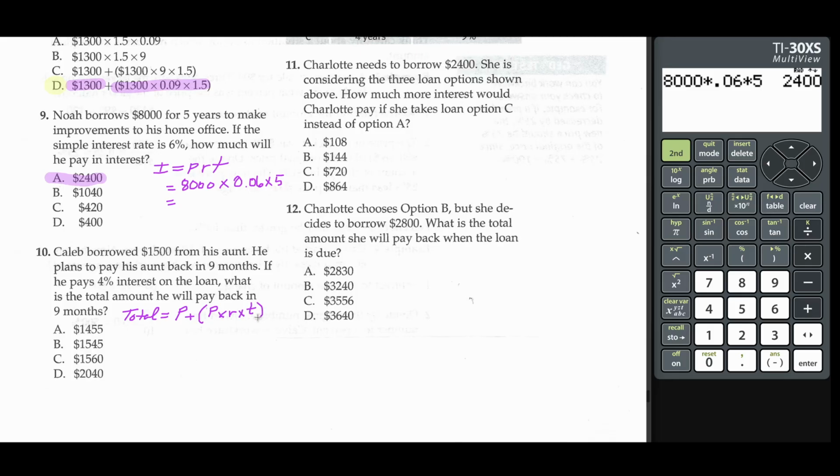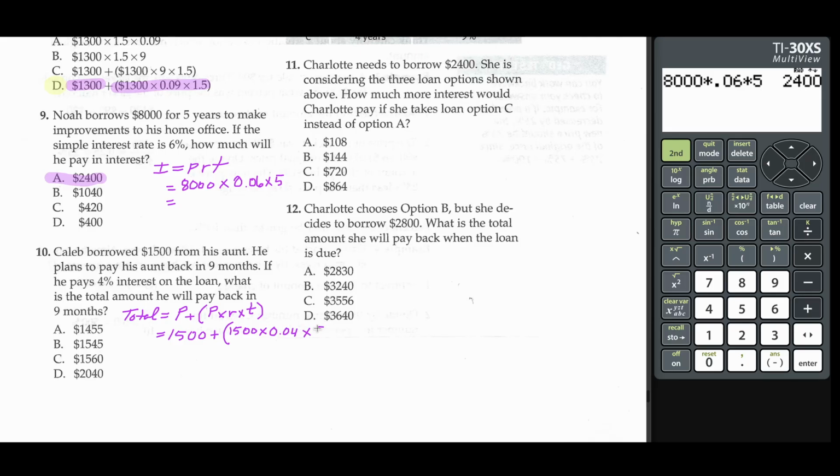So we will put the information here. So P is 1,500 plus parenthesis. You have to put it in parenthesis because this is of its own formula right here. So P is another 1,500 because that's the amount that he borrowed times the rate. The rate is 0.04, and times 9 months.